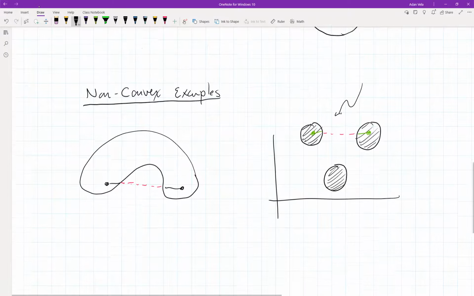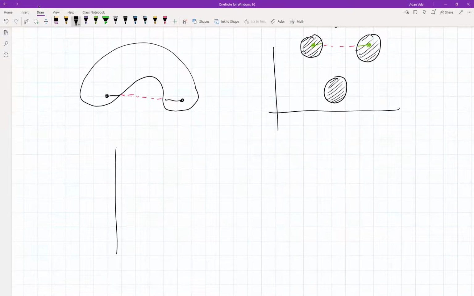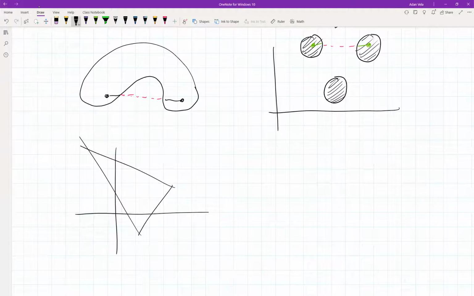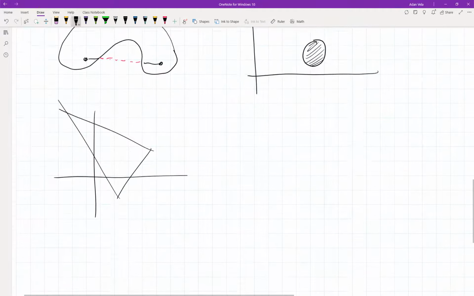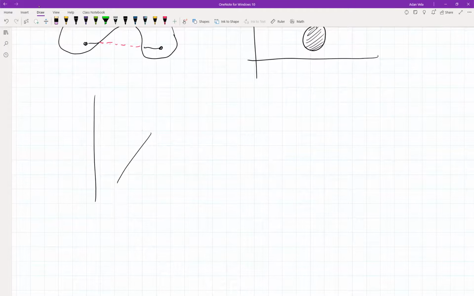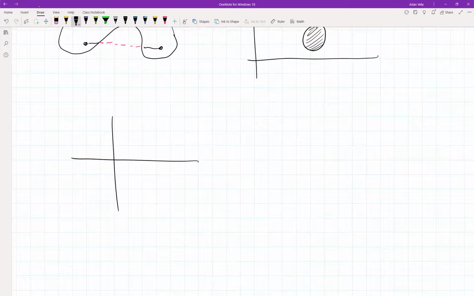Another example is, let's say we had the following. So this whole area, we could write it as a set of linear equations. Let's pretend. I'm going to do my best to replicate what I have in the notes.